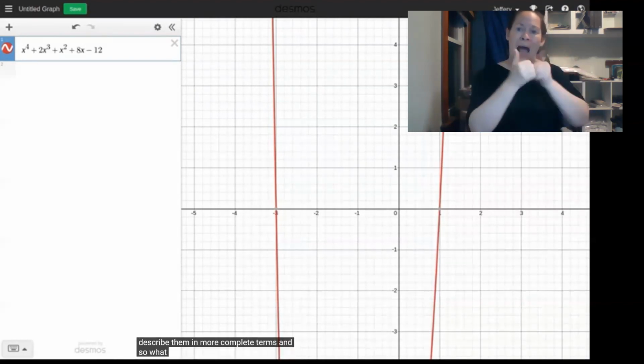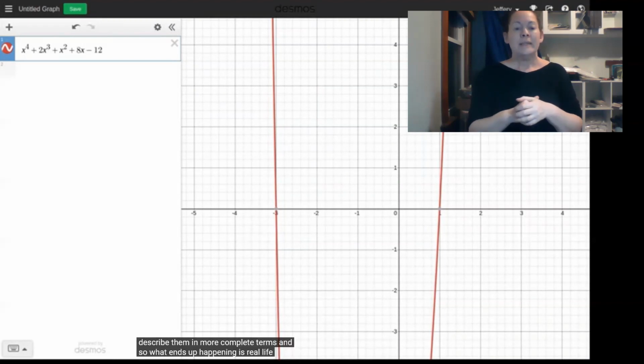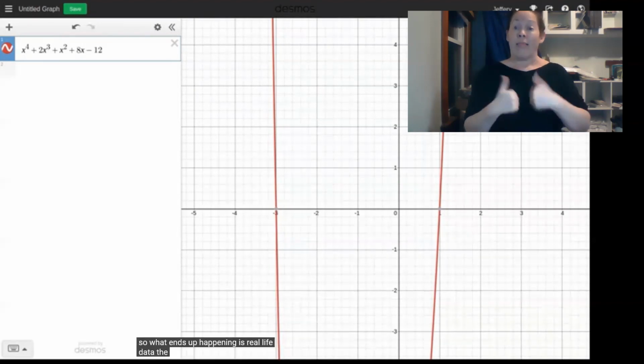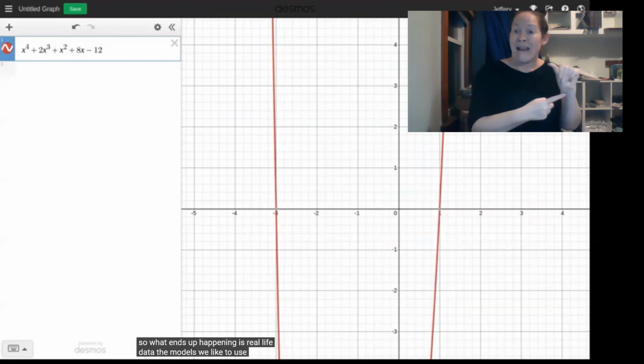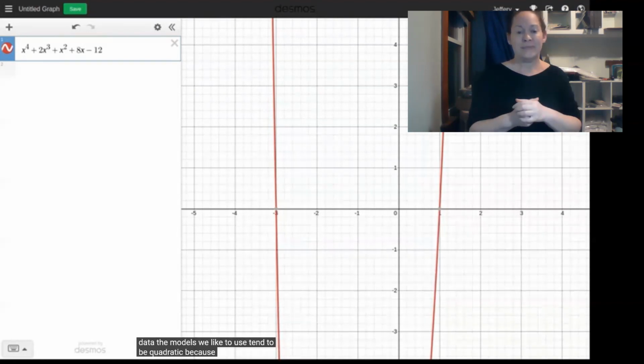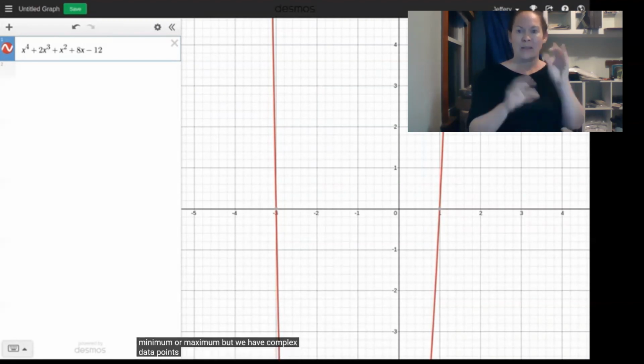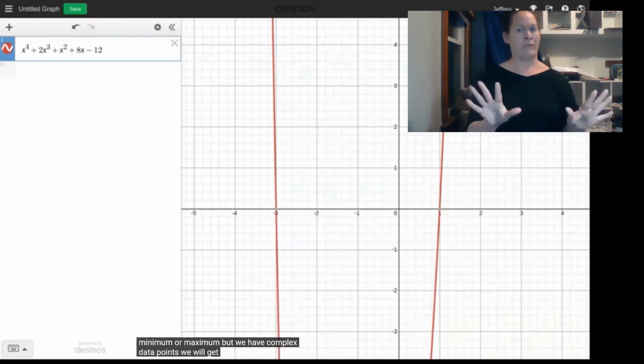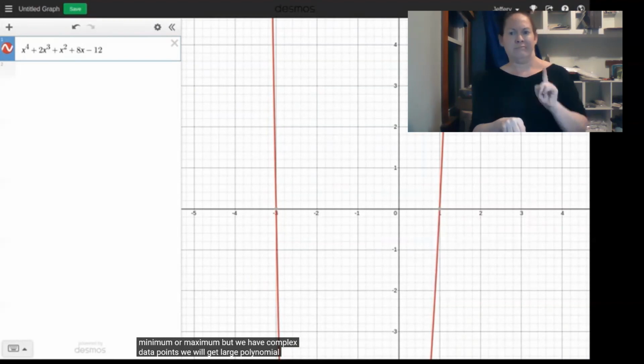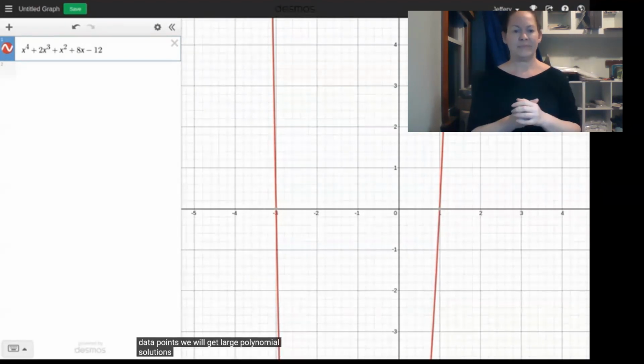And so what ends up happening is real life data. The models we like to use tend to be quadratic because it has a clear minimum or maximum. But when we have complex data points, we will get large polynomial solutions coming out of them, large polynomials with different coefficients.